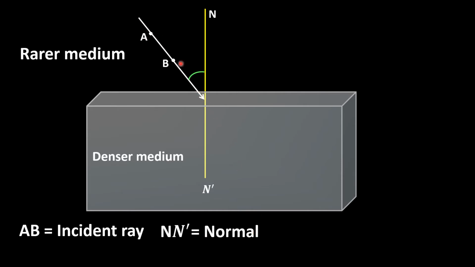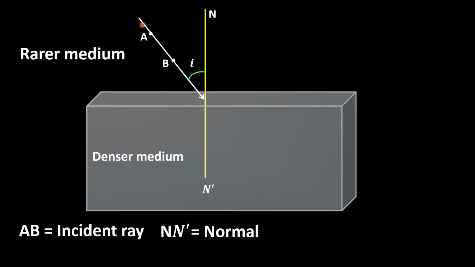Before going to that, what is this? This is the angle of incidence I. The angle between the incident ray and the normal is called the angle of incidence I.